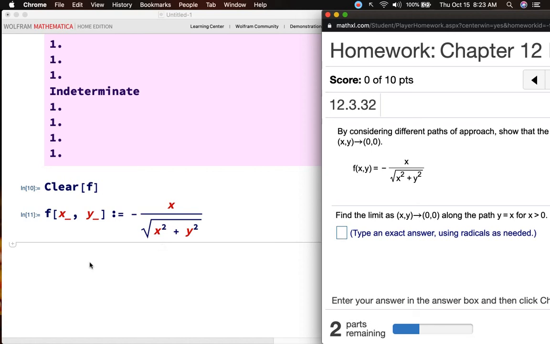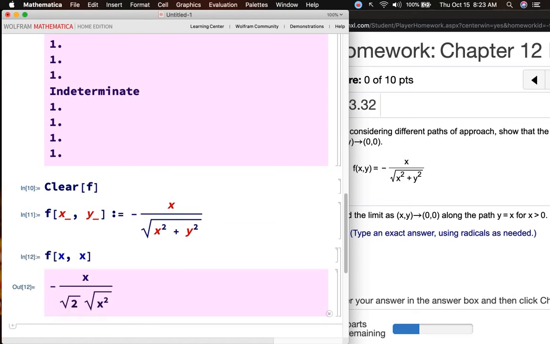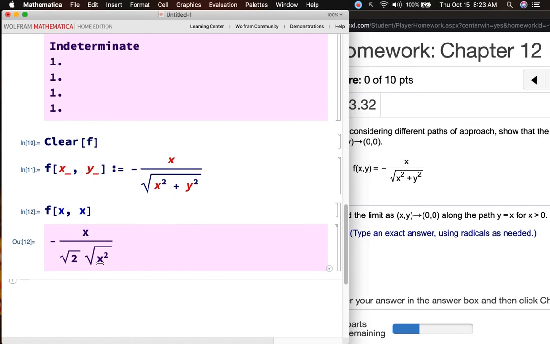So y is equal to x. So what happens if we have f of x and x? Remember, y is equal to x. Okay, so here we can do a simplification.